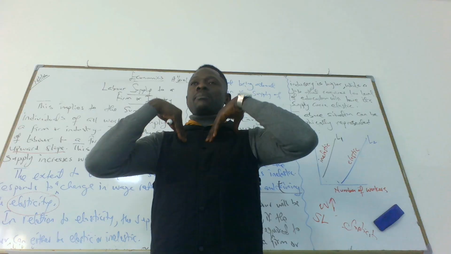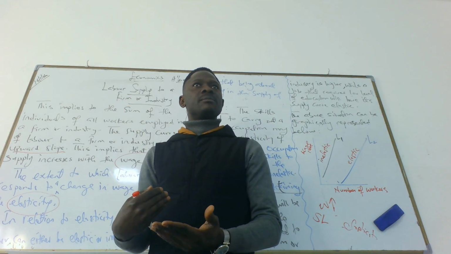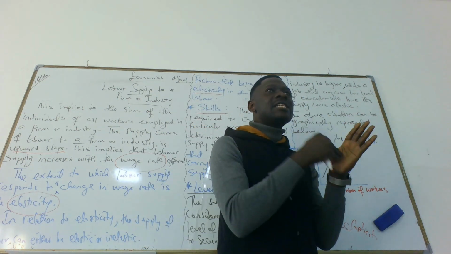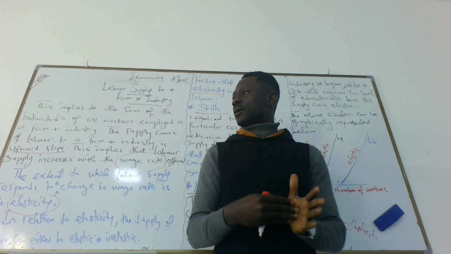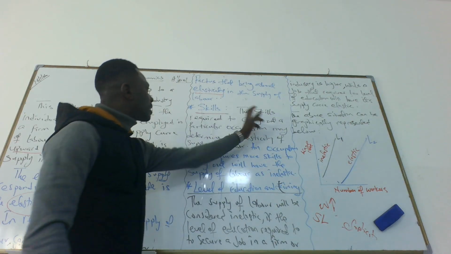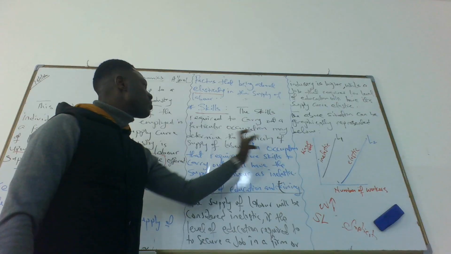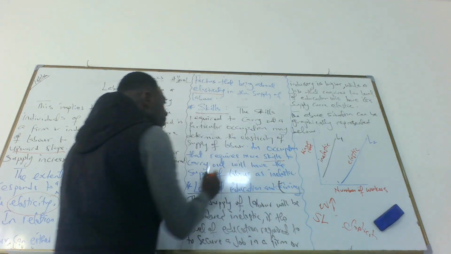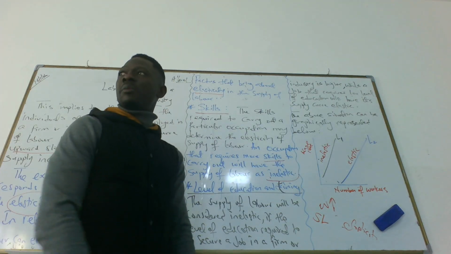You can't make yourself available because you don't have the skill required. Do we get what I'm saying? Yes. The extent of the skills required will determine the labor supply. So here I wrote: the skills required to carry out a particular occupation may determine the elasticity of supply of labor. An occupation that requires more skills to carry out will have an inelastic supply of labor.